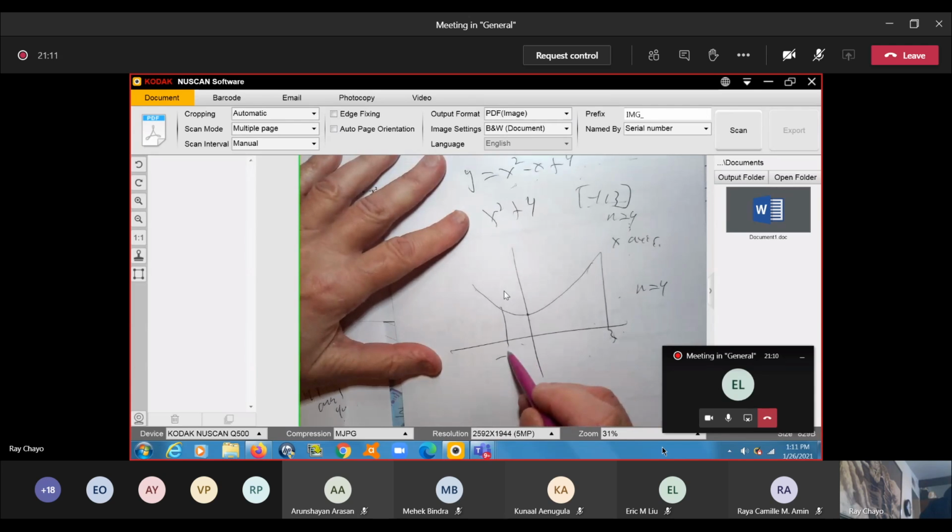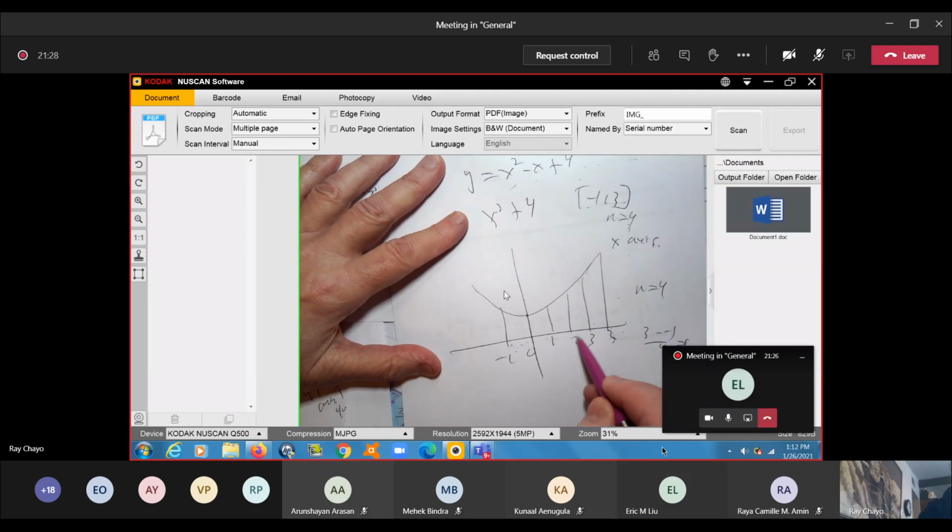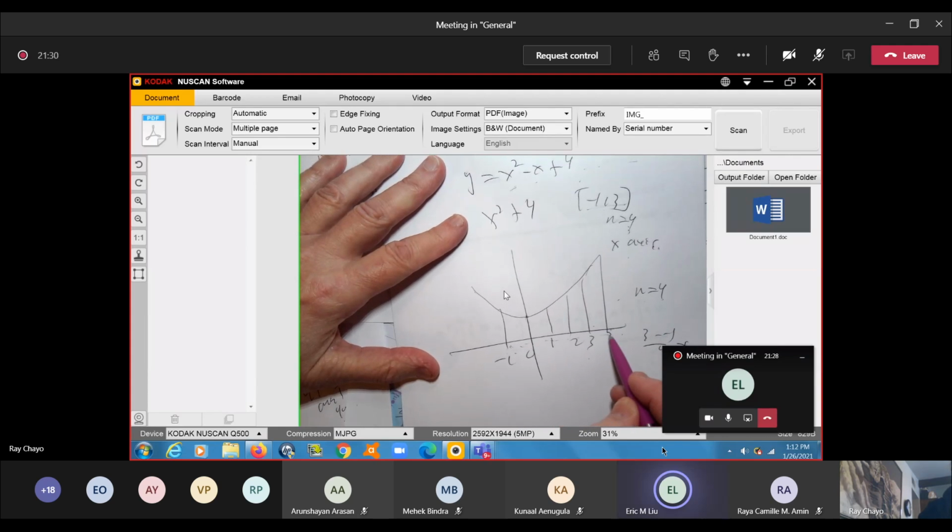If you're going to do 4 rectangles, you divide this into 4, and each base is 1. So it looks like this: 0, 1, 2, 3. Is that one too many? Yes, it's one too many.